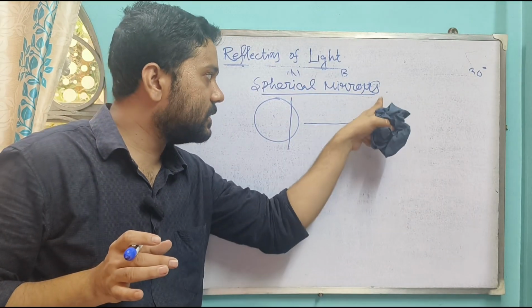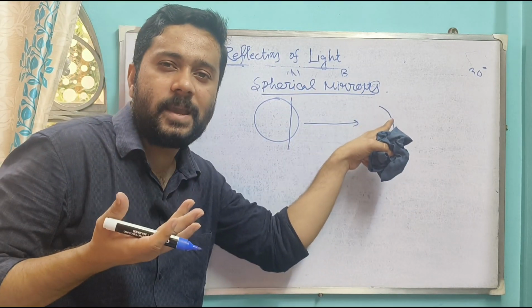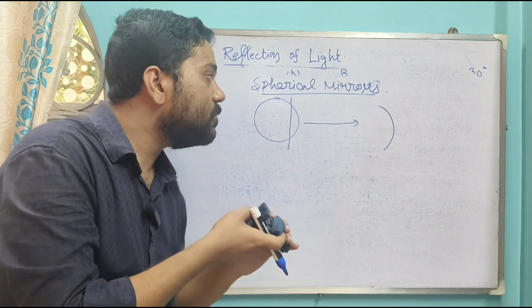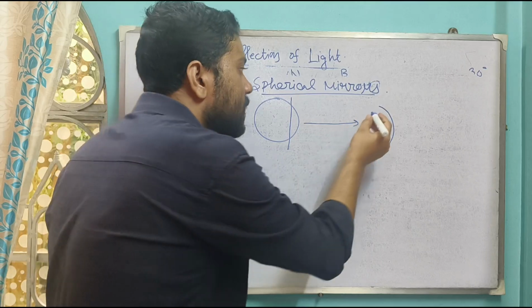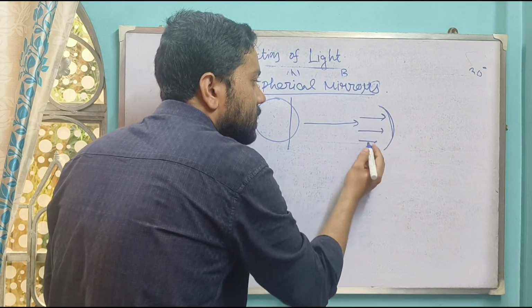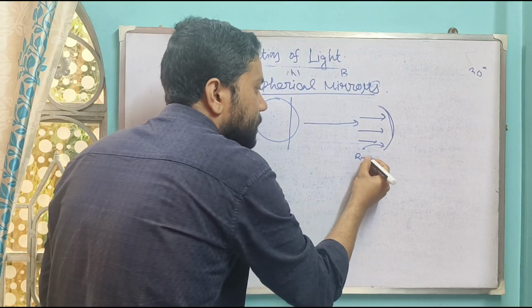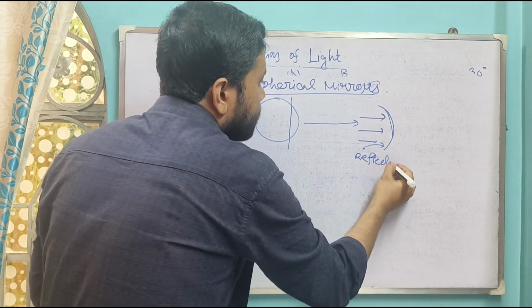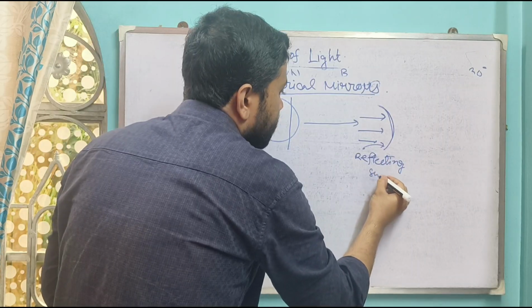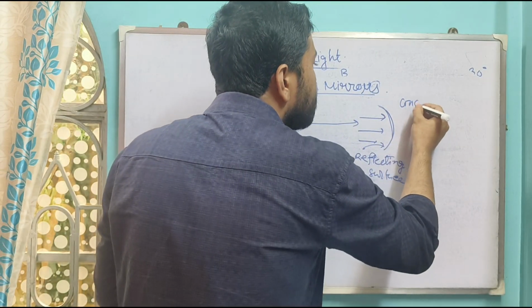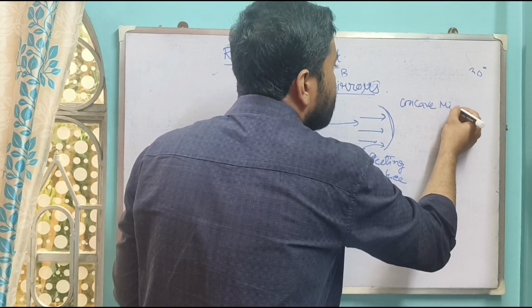Okay, so it is a curved surface, a part of a sphere, and we are using it as a reflecting surface. We can use two sides. We can use the inward portion as a reflecting surface. Here the light is striking the inward portion, the cave portion or curved inward portion. This type of mirror we call a concave mirror. Why concave mirror?